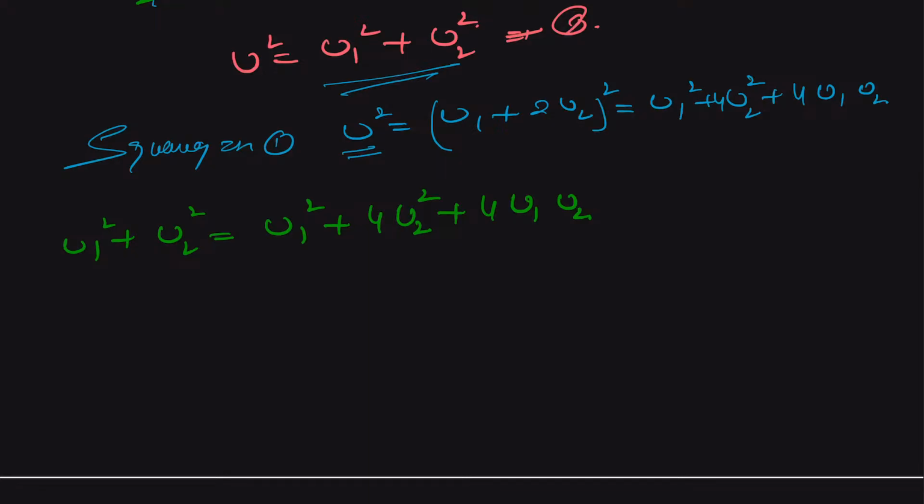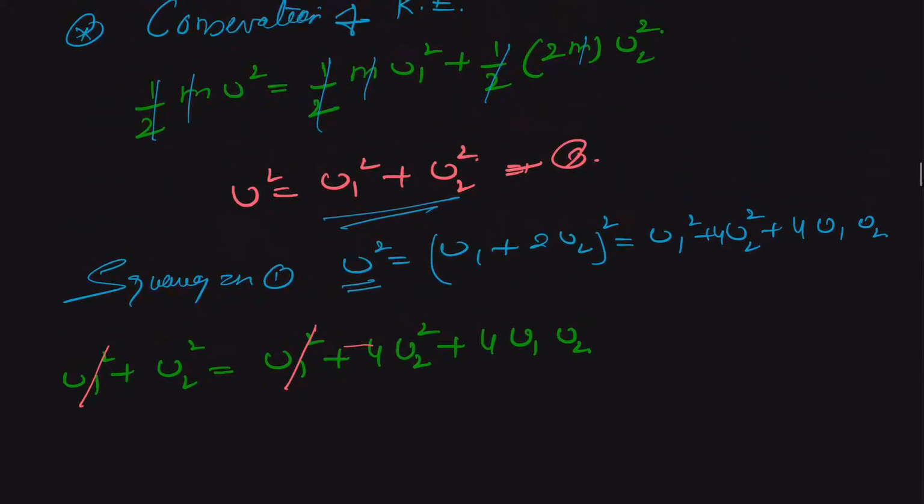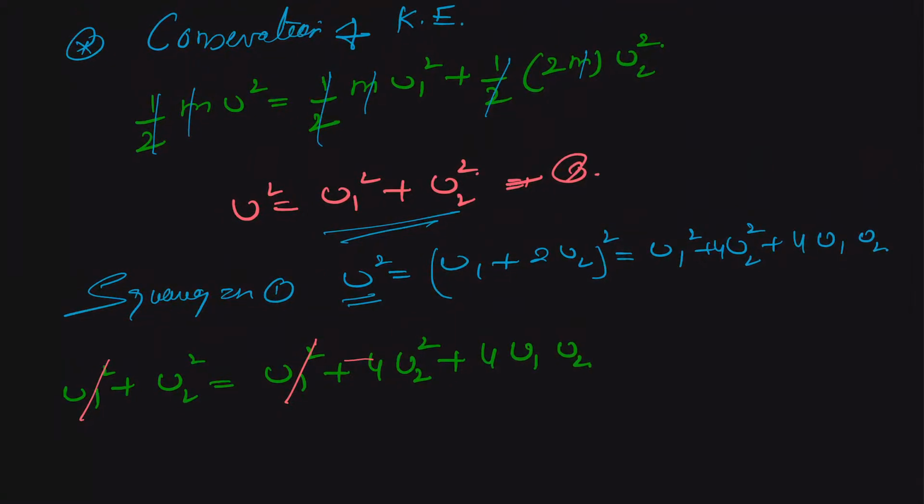and our v1 square cancels out. One second, I missed something. Yes, I missed here a 2.